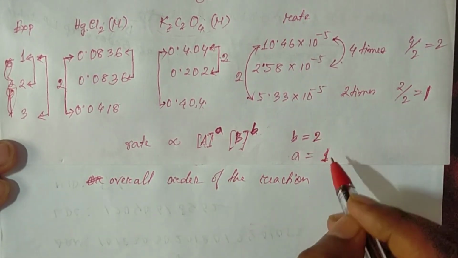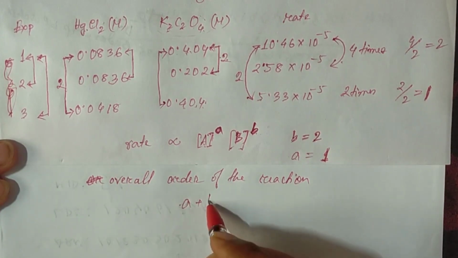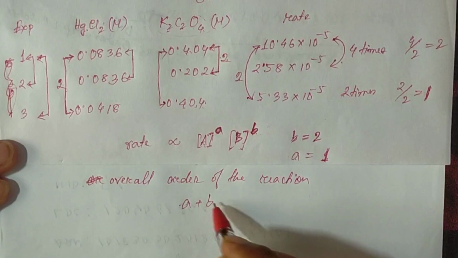We just sum these two: 2 plus 1 is 3. So the order is 3, and this reaction is a third order reaction.